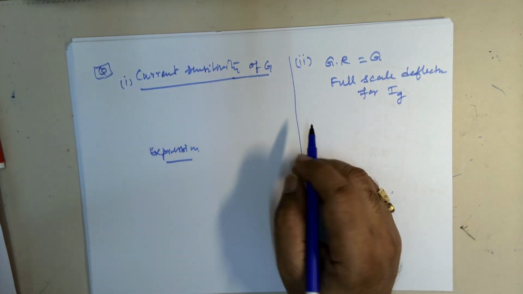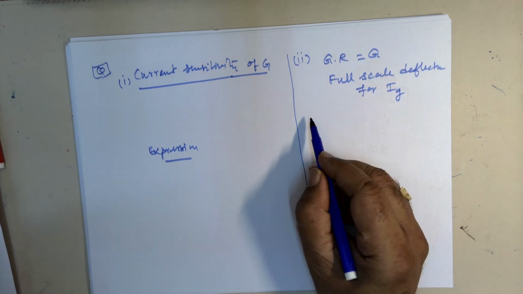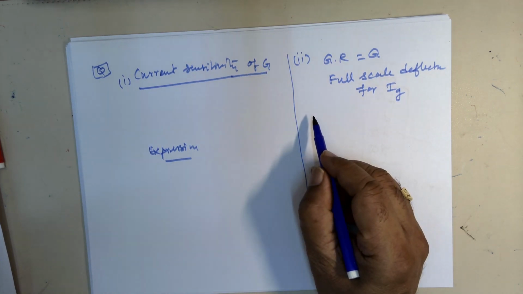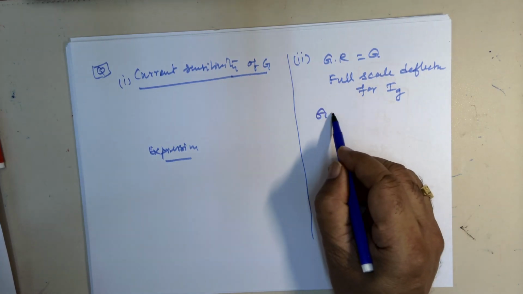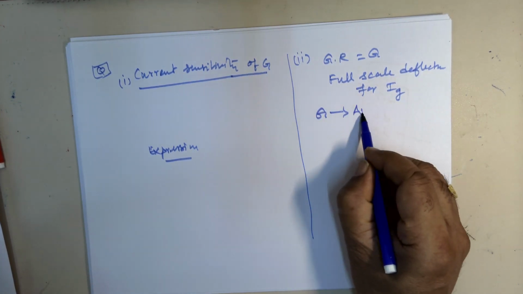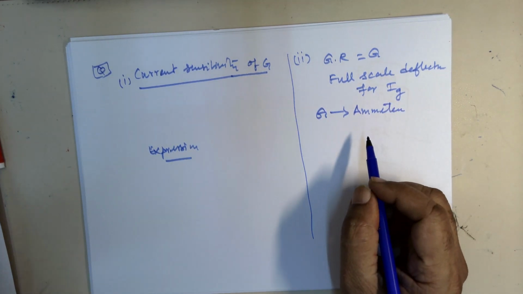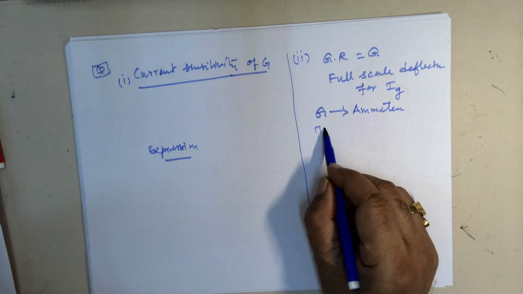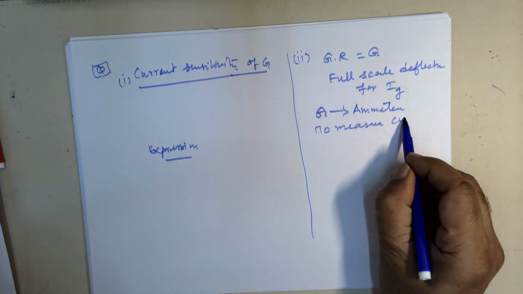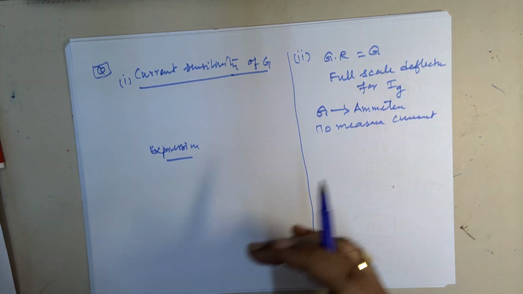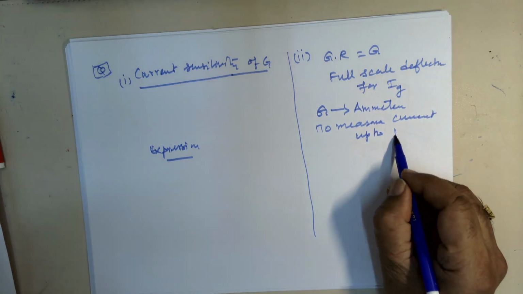Now the question is, how can we convert it into an ammeter? So our idea is that a galvanometer should be converted into an ammeter to measure current. And what is the condition? Up to I naught.